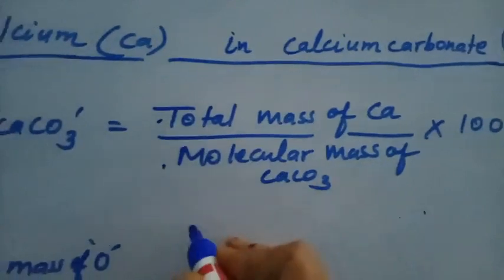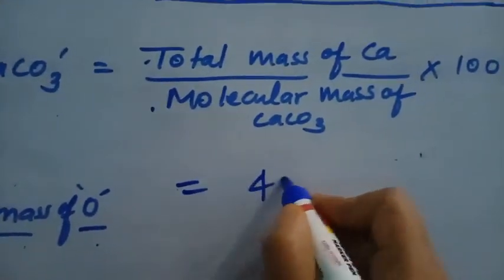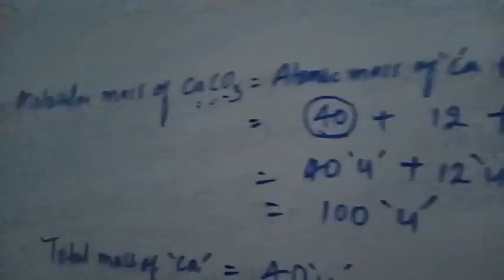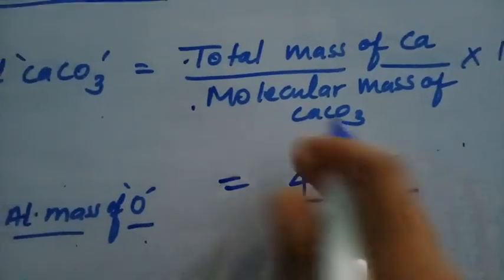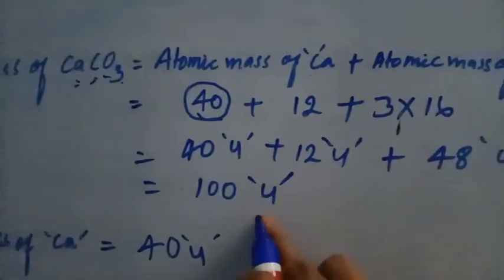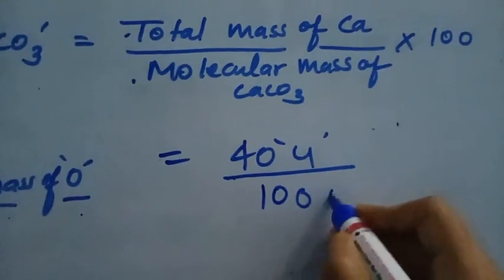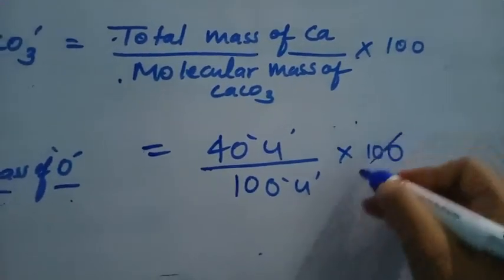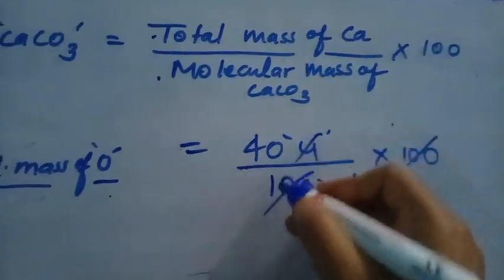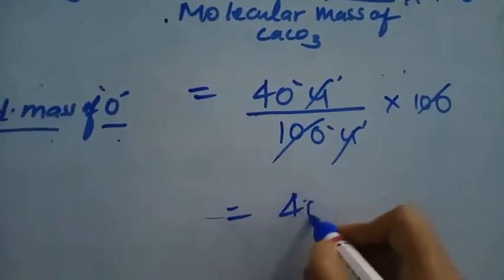So total mass of calcium, we got it is 40 u, divided by molecular mass of calcium carbonate, that is how much? It is 100 u. So 100 u into 100. So we will just cancel out and we get here 40.